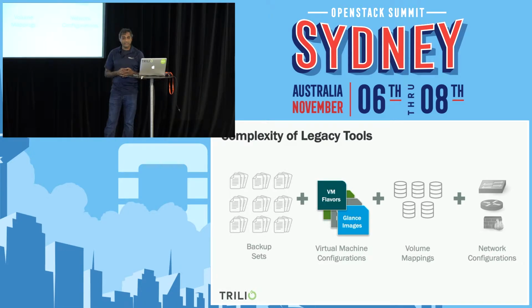You may be using a medium VM flavor, or booting from a Glance image. You may be using some volume mappings, sometimes Ceph volumes, or sometimes LVM volumes. And you also provision the network security settings, like the security groups associated with those things.